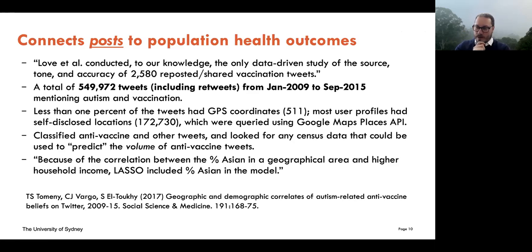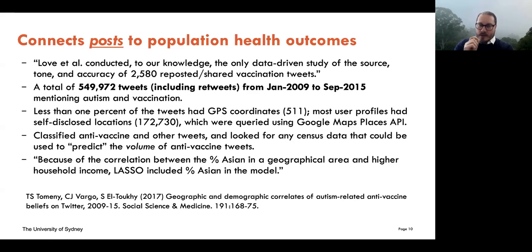So what I'll get you to think about is, what kind of tweets would mention autism and vaccination together? Are they more likely to be promoting vaccination, or are they more likely to be against vaccination, critical of vaccination? I guess the answer is probably a bit obvious, but yeah, that's what they did.